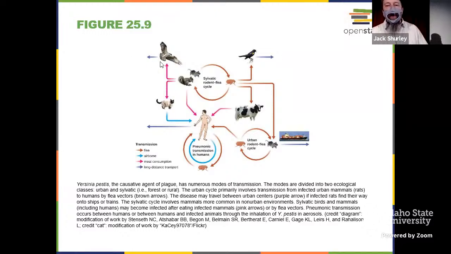These blue arrows, birds and ships, have the potential, ships with rodents on there, birds infected through the consumption of some of these other rodents have the possibility, or just fleas from them, infecting them one way or the other, dependent upon the type of bird, right? Have the potential to transmit the infection over great distances, right? So it really kind of depends on the circumstances.